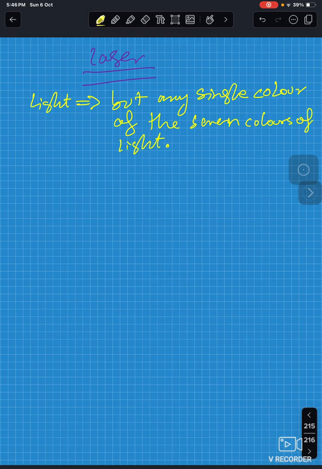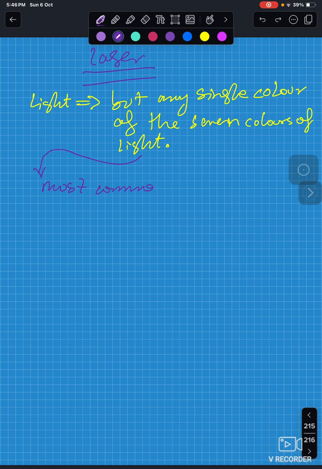But the most common is red, I think green and blue.